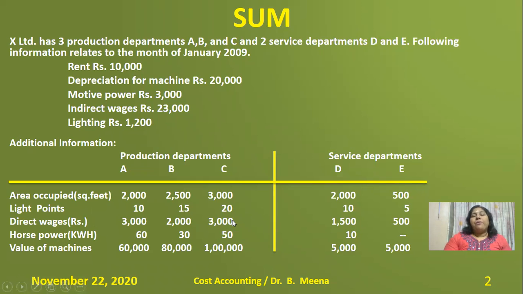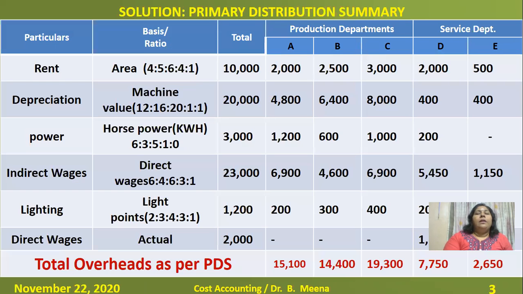So just put a hyphen mark in the production departments for wages and materials whenever you are preparing primary distribution summary, and whenever you are showing the wages or materials amounts in the service departments, take the summation and put it in the total column. Okay, let me check one by one each and every item.